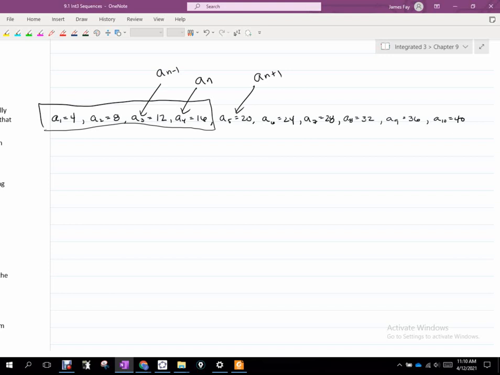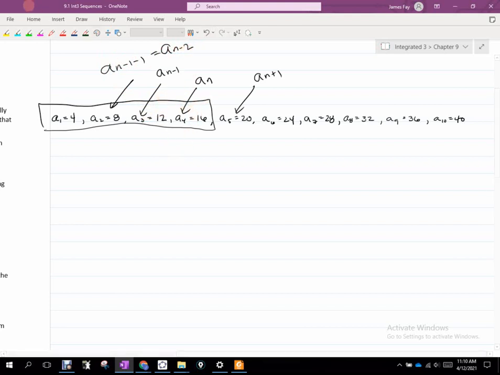What if I said A sub n minus 1 minus 1? If I subtracted 1 from this one, doesn't that get me in that position right there? So if I go A sub n minus 1 minus 1, which is equivalent to A sub n minus what? 2.